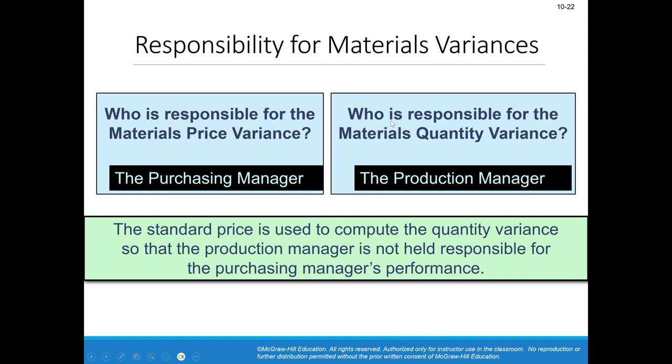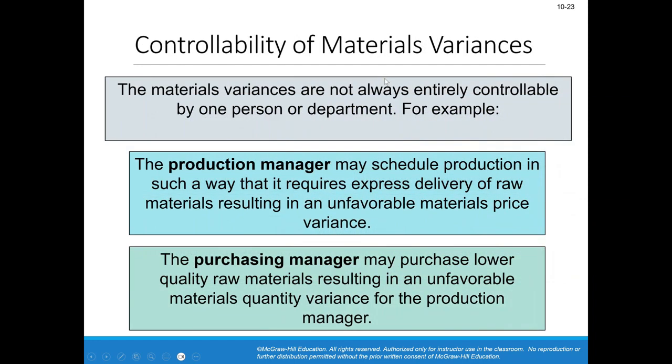However, what if the purchasing manager bought inferior material so that you had to use more of it? Then in actuality, the production manager would be held responsible for using more of a product when it really is because the purchasing manager bought inferior material.